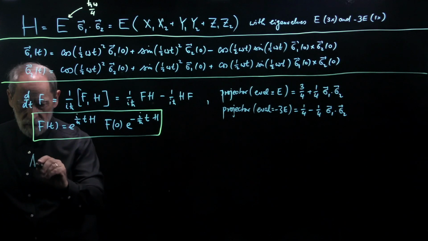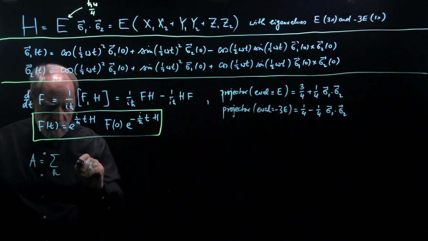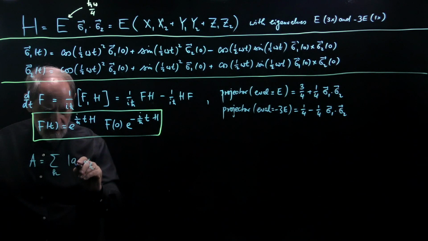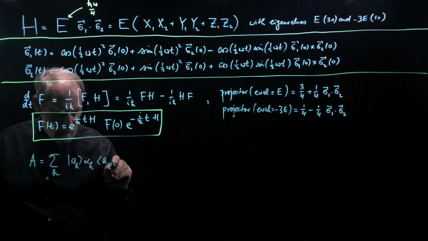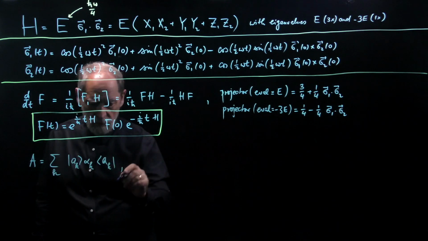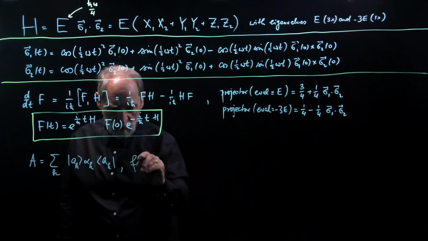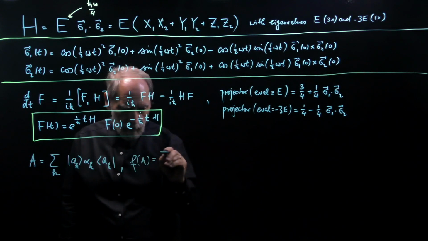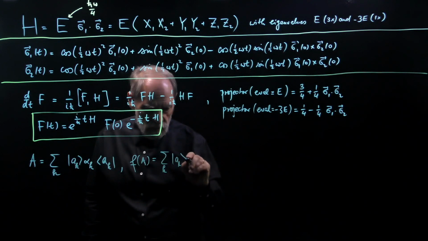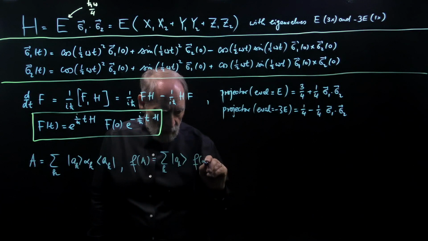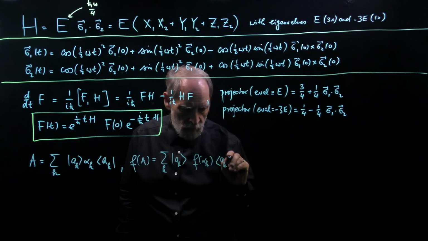If I have an operator A with eigenvalues alpha k and eigenkets |a_k> and eigenbras <a_k|, which are orthonormal and so forth, then the function of A is given by the sum over k, |a_k> f(alpha k) <a_k|.